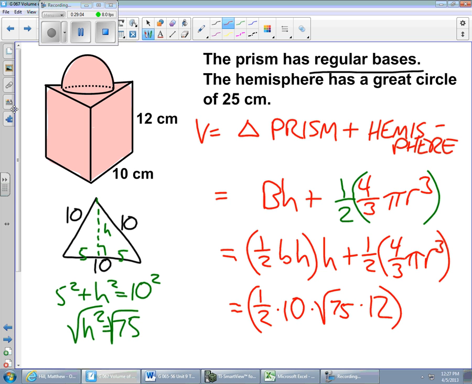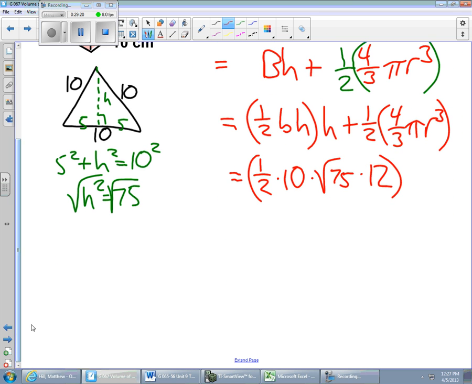When we're dealing with a hemisphere, that's where it's split. It's split at its widest point. So what we need to do is use the fact that the circumference of our hemisphere is 25 in order to calculate our radius.